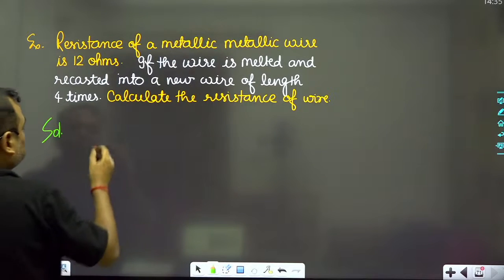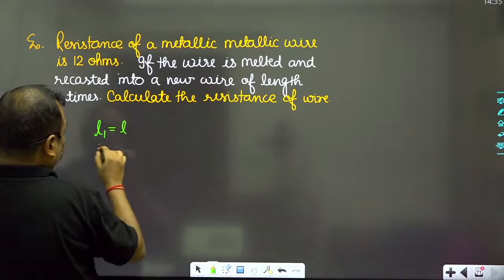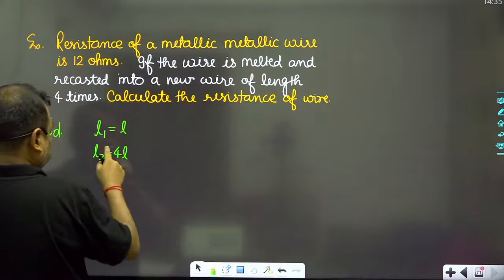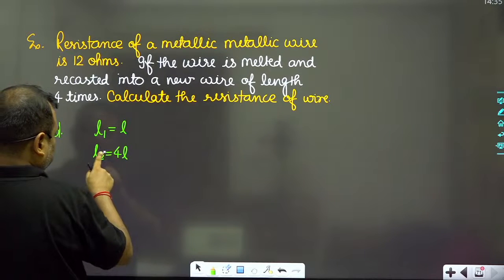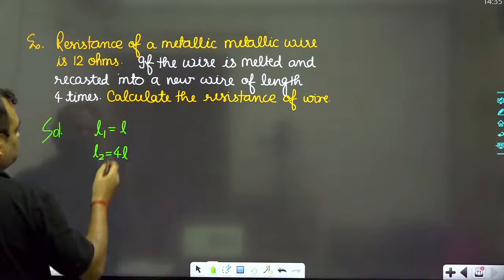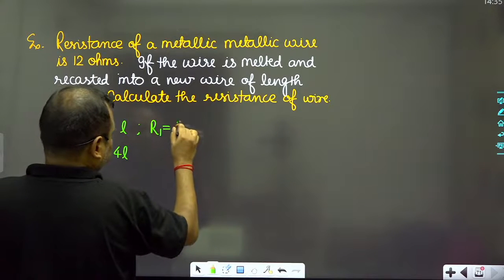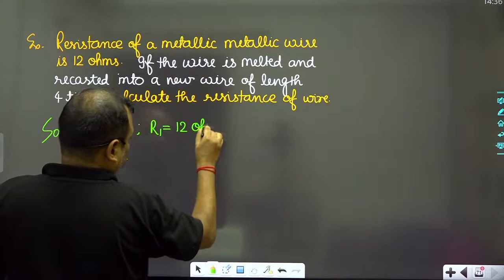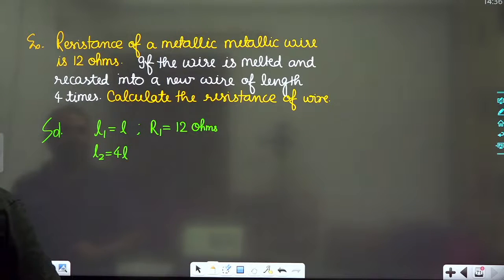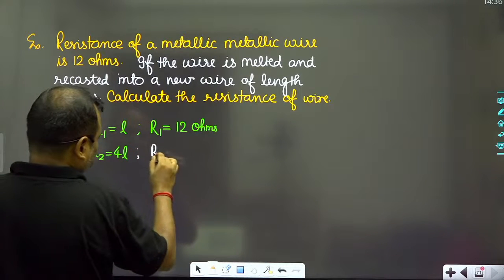Solution will be like this. If the initial length is equal to L, now the final length is equal to 4L. And suppose that the initial resistance is equal to 12 ohms, and now you will have to find out R2.